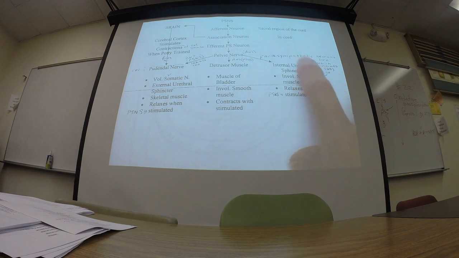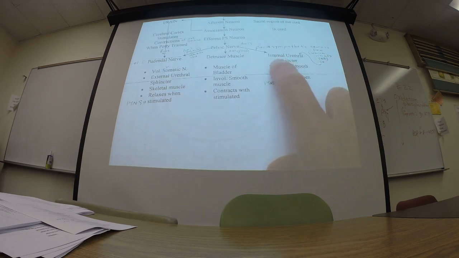So this parasympathetic neuron will not fire to your muscle, which is called the internal urethral sphincter. If you're not firing to it, it's going around your urethra. It is not constricting. Therefore, it has relaxed, and that allows the urine to enter your urethra.